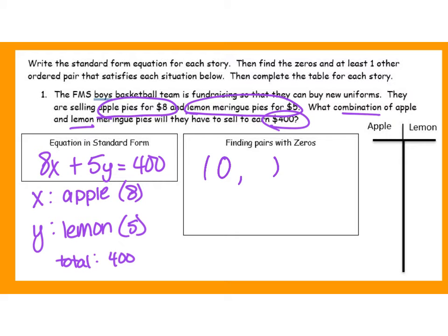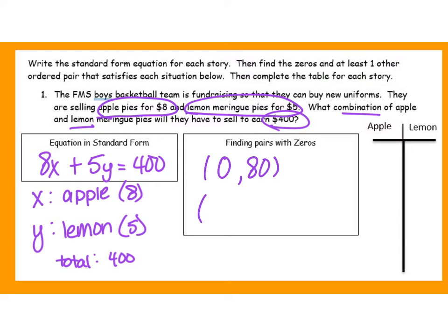Think about this. How much are the lemon pies? $5. So if you're selling something for $5, how many of those $5 items would you have to sell to get to $400? 80.